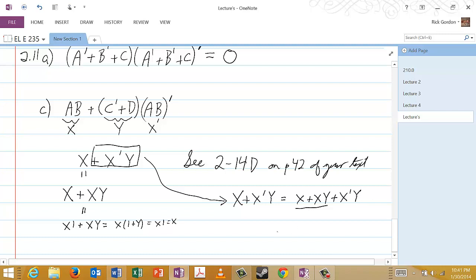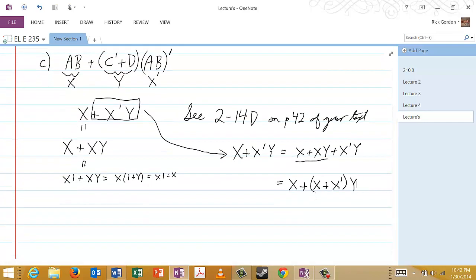And now I believe you can see why we want to do that, because we can now associate the xy and x complement y together, and we get x or x complement y, and of course x ORed with x complement is 1, and 1 ORed with anything is that thing itself, so therefore we simply have x or y.